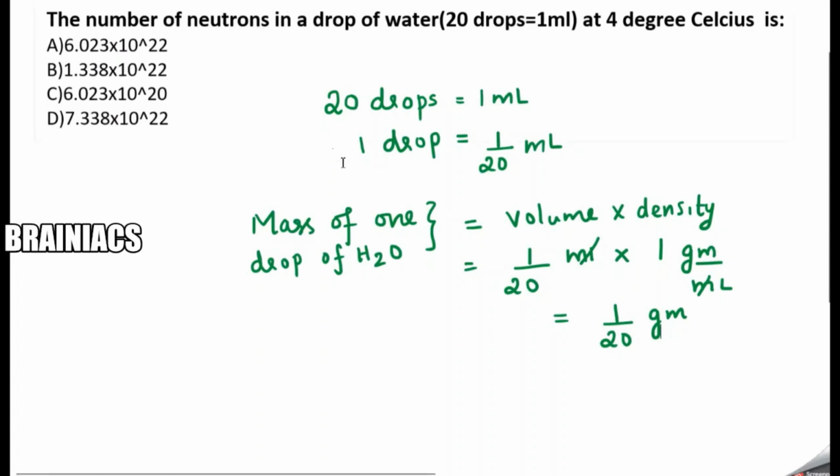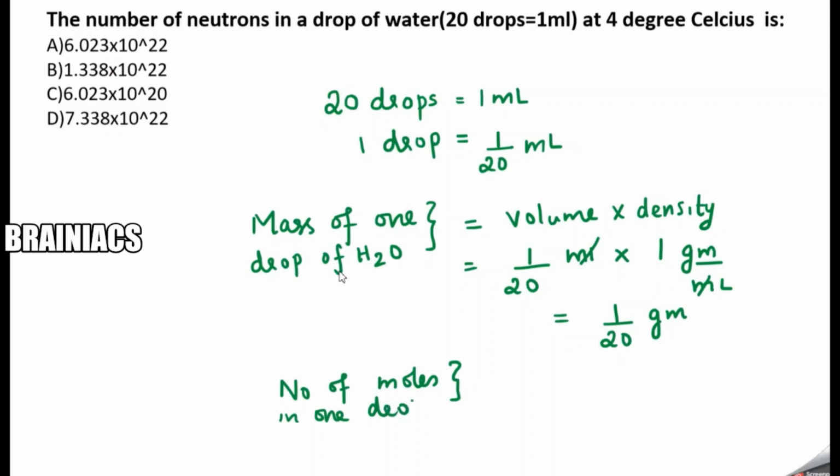So right now I know the mass of one drop of water. Now let us calculate the number of moles present in one drop of water. So how to calculate the number of moles?